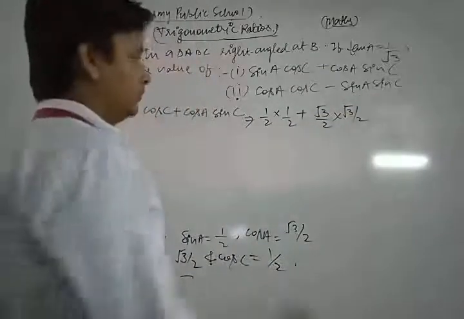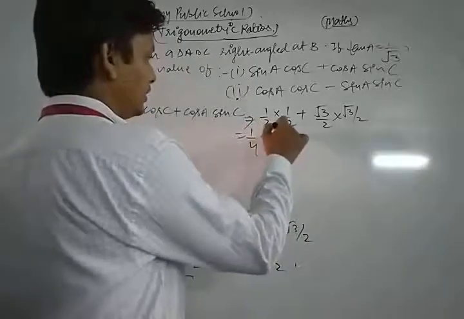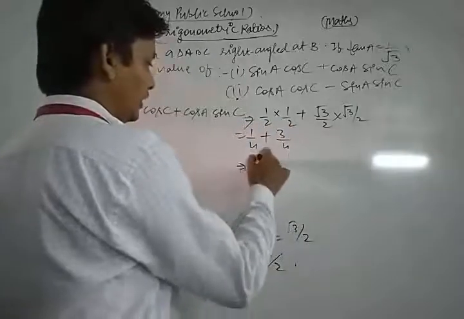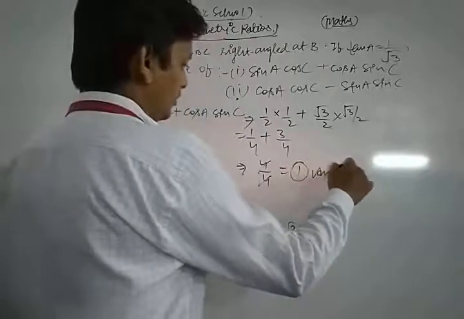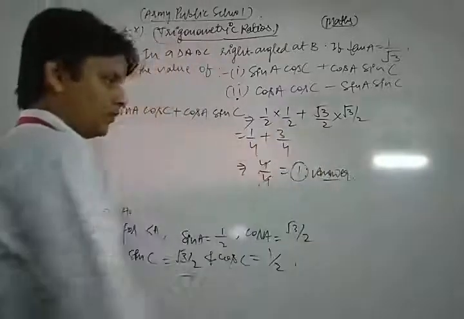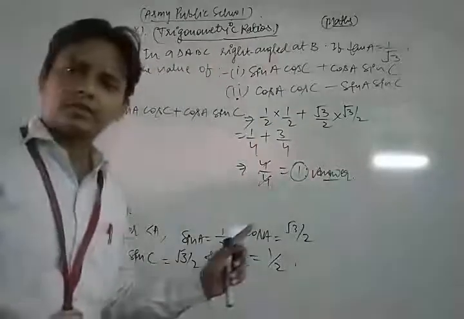Now we simplify: we get 1 upon 4 plus 3 upon 4, that is 4 upon 4, that is 1. That is your answer, 1.